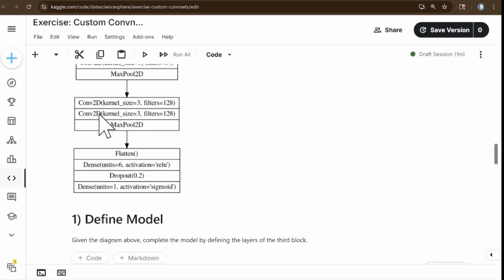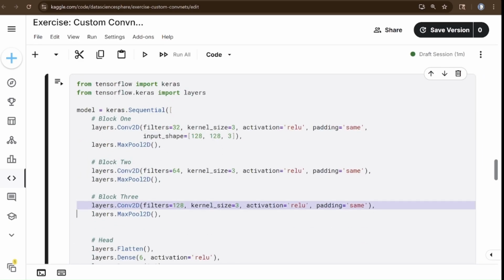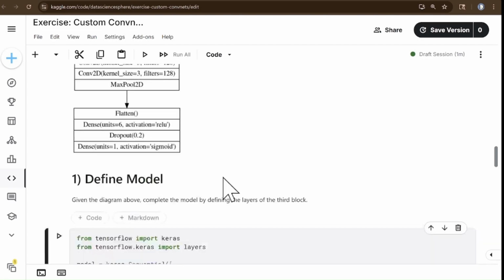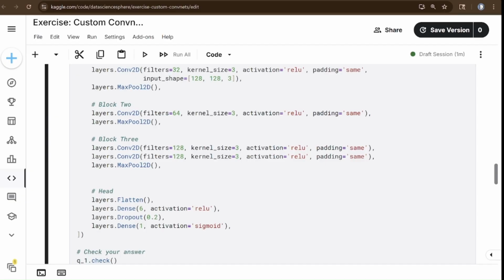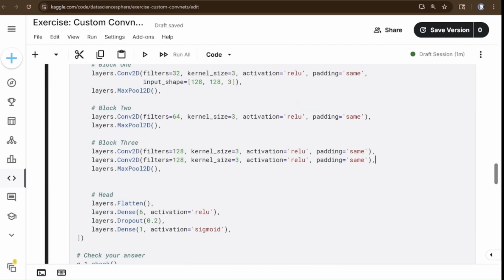And another convolutional 2D, kernel size 3, filters 128, same thing. So just do the copy paste. Next one, max pool 2D. So this is also the same. Now the head: flatten, dense, dropout, dense.